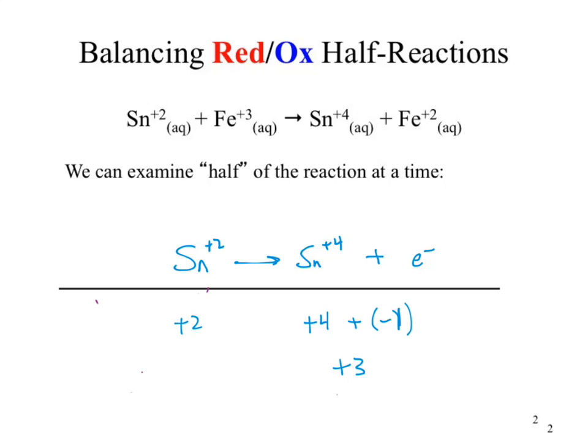Get the exact same charge. Not quite there, so what do I need? I need an extra electron. Now what happens? I have my plus 4 plus, negative 1 times 2, negative 2. What's the math? Plus 2. Do my charges balance? Yes.